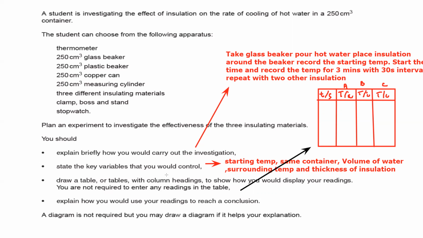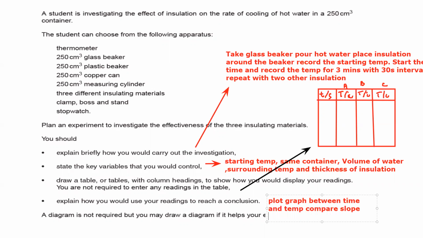How would you use your readings to reach a conclusion? We'll plot a graph between the time and temperature and compare the gradient. We'll compare the gradient or the slope.